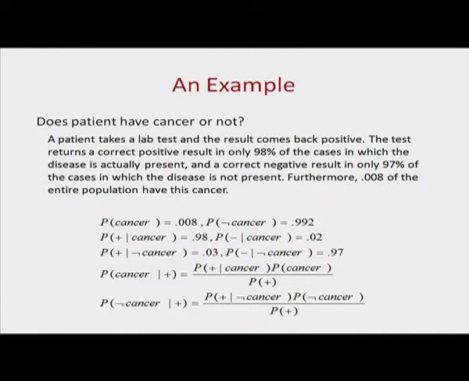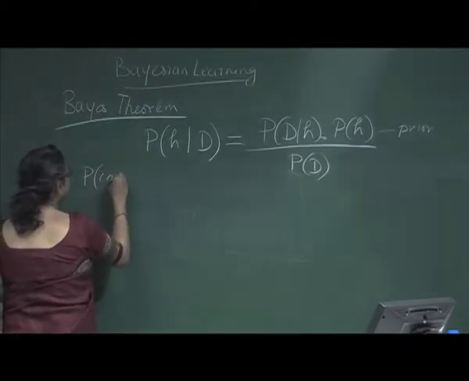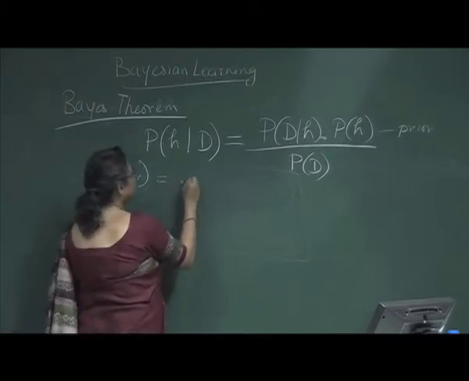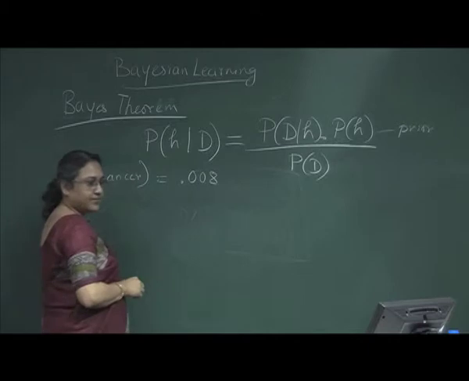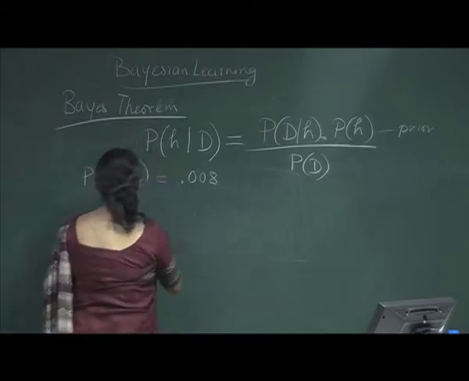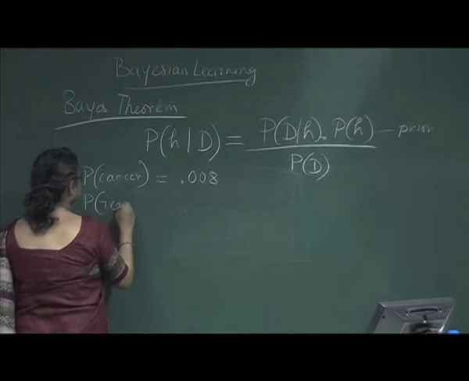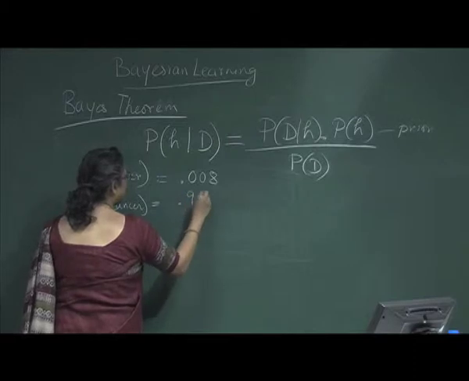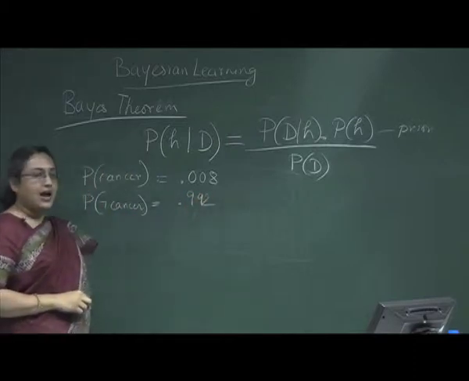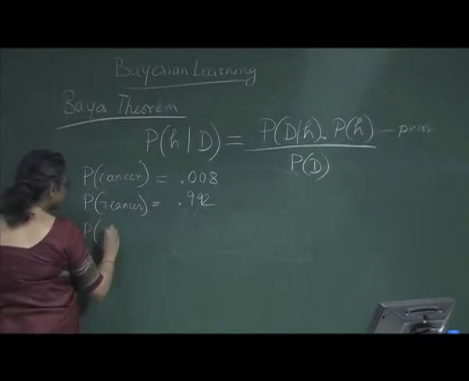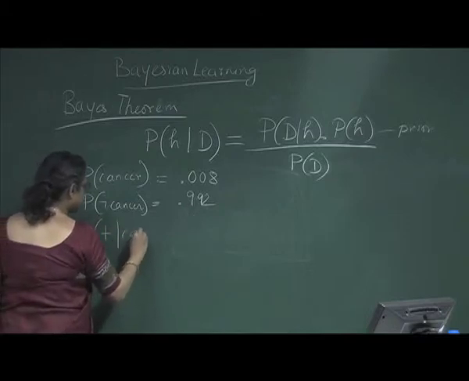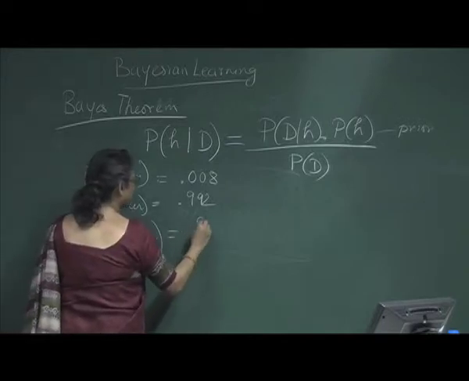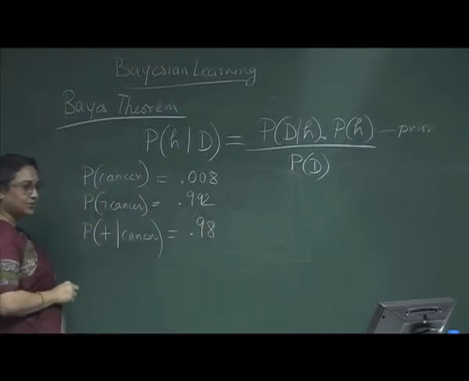So, we can write down the probability of cancer, that is the prior probability of cancer among the population, equal to 0.008, and therefore, probability of not cancer equal to 1 minus 0.008, that is 0.992. Now, what is the probability of the test being positive given that cancer is present? This is given as 0.98 by the statement of the problem.